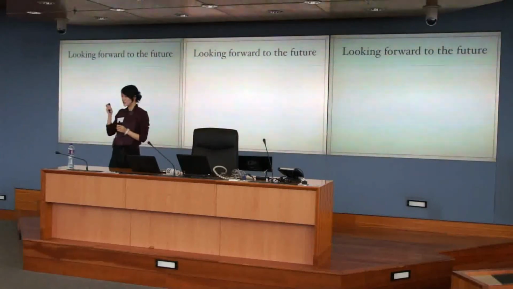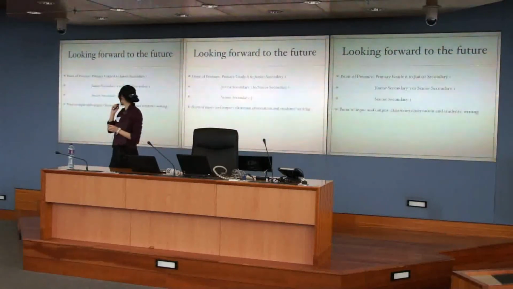So I'm looking forward to the future, and it's very interesting to look at exactly what happens at the transitional stages, that is grade 6 to junior secondary 1, junior secondary 3 to senior secondary 1, and senior secondary 3.